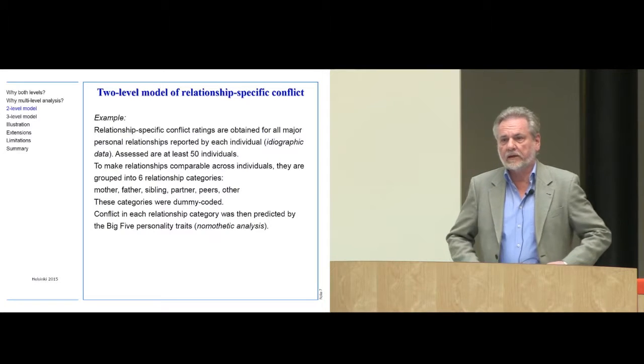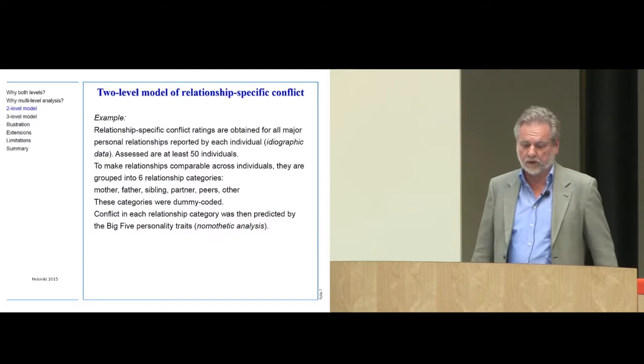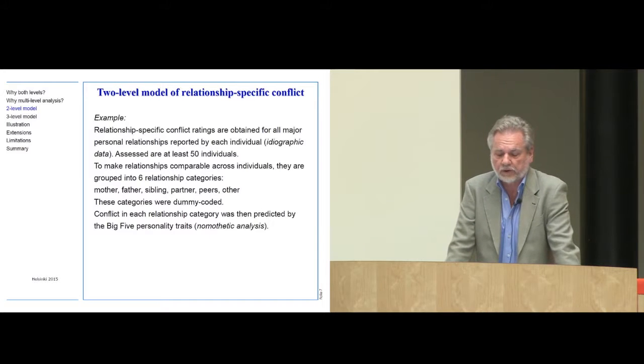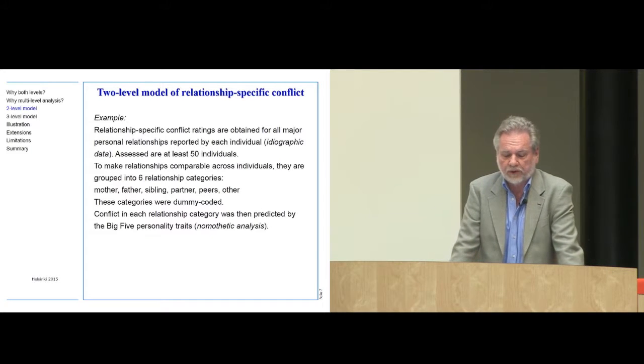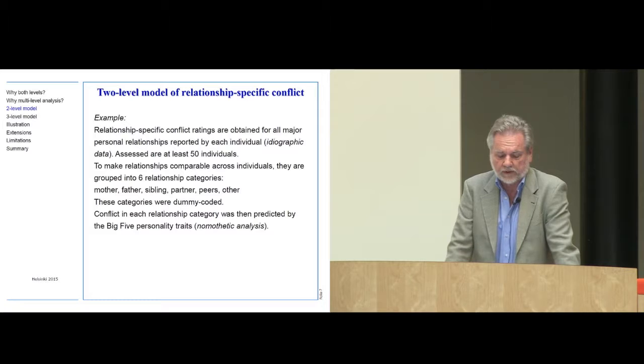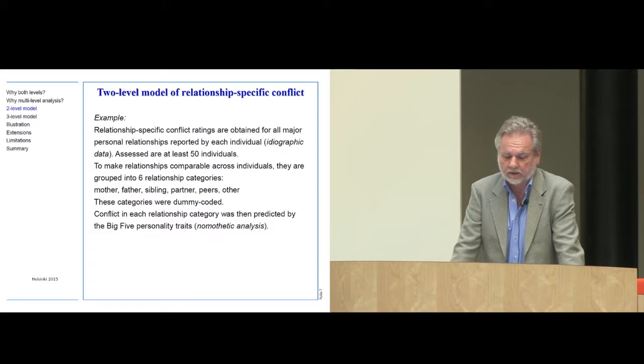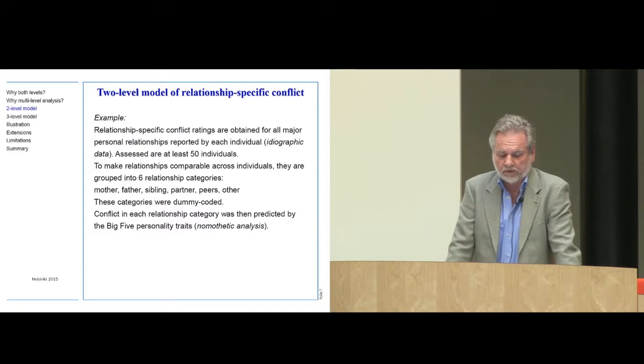Now, to move more to the example, to make relationships comparable across individuals, they are grouped into 6 relationship categories: mother, father, sibling, partner, peers, other relationships. These are 6, right?